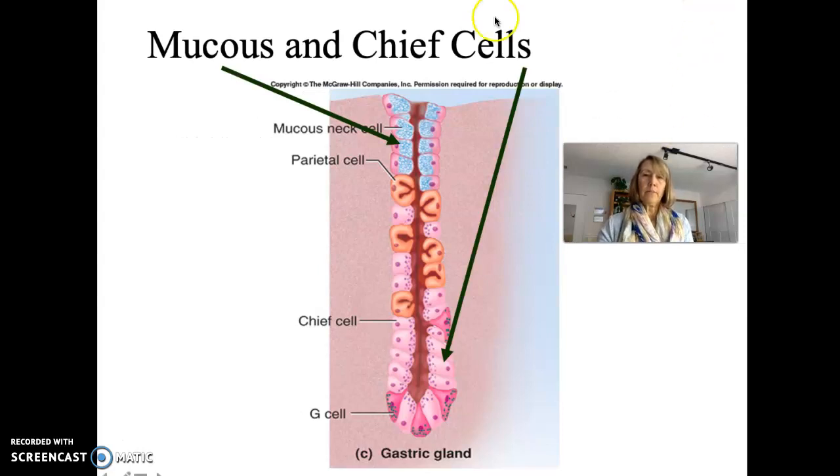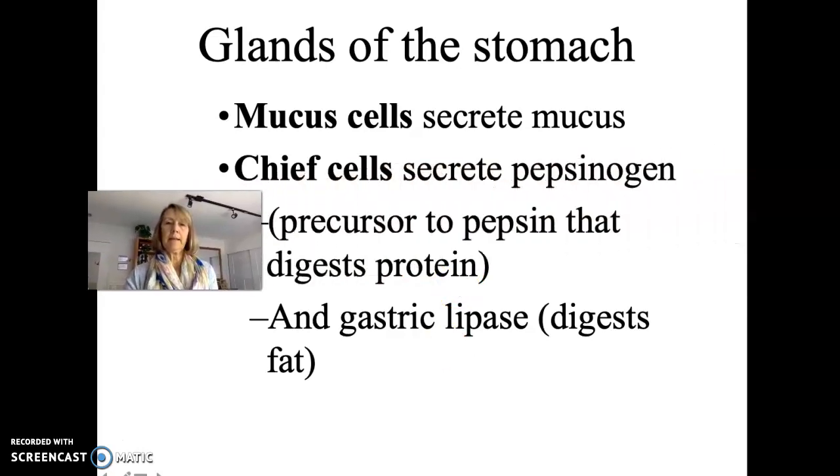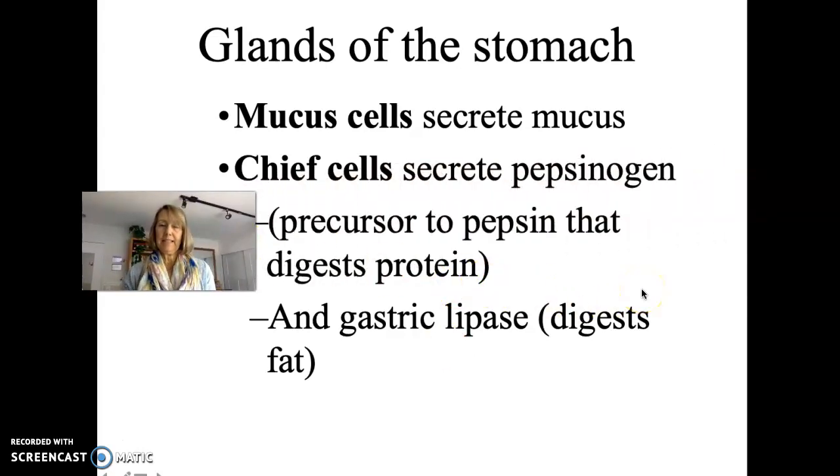The next are the mucous cells, these up here that are closer to the neck of this pit here, and it's going to secrete mucus into this area, and these lower pink cells drawn in pink. So mucous cells secrete mucus, the chief cells are secreting pepsinogen, and pepsinogen is later going to be converted to pepsin.